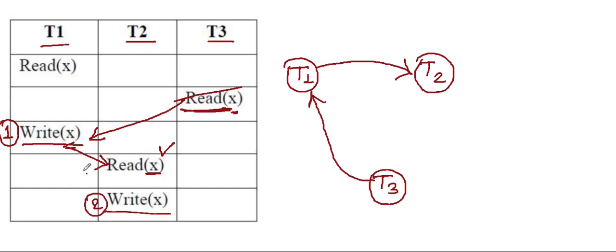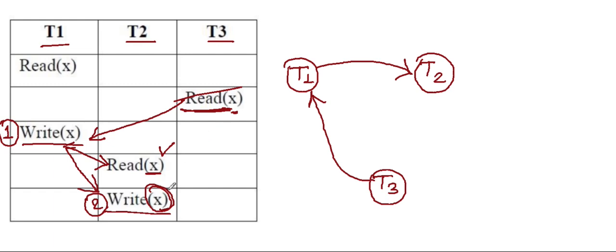Then any other operation of X in another transaction is this write on X in T2, so the arrow is from T1 to T2. We already have that.